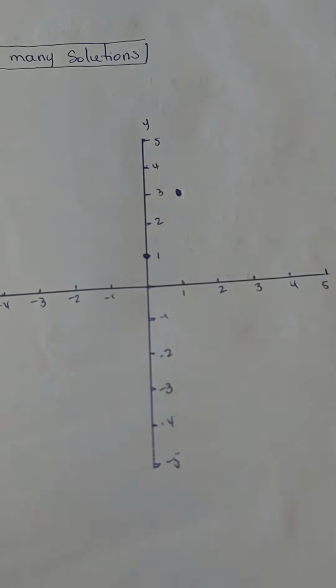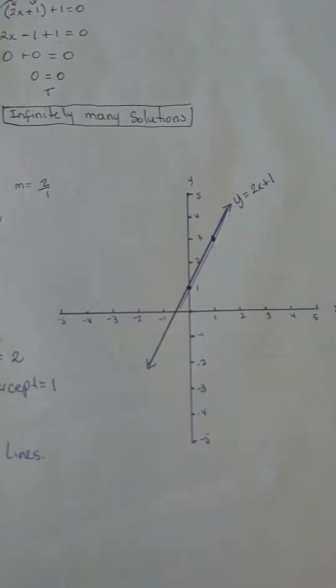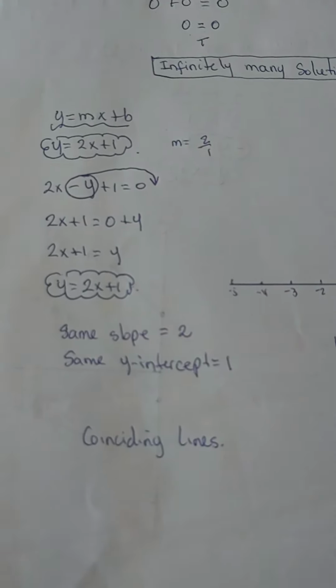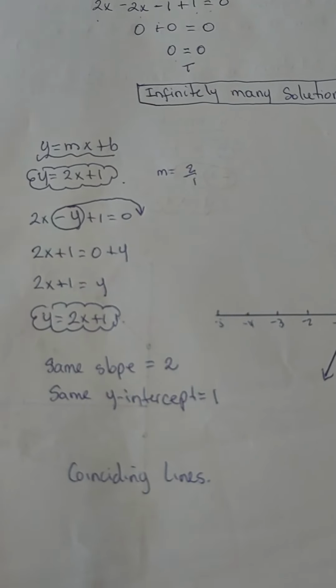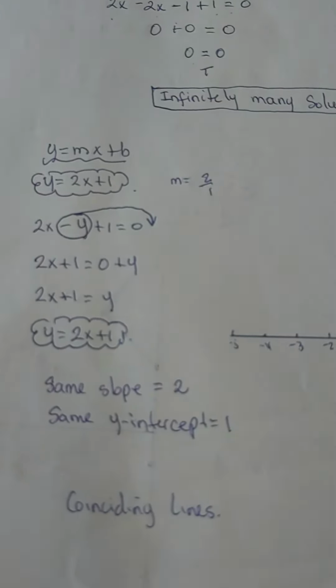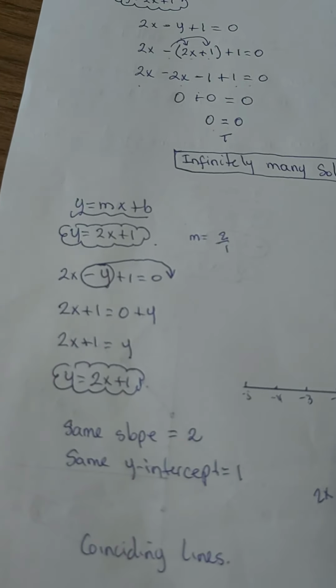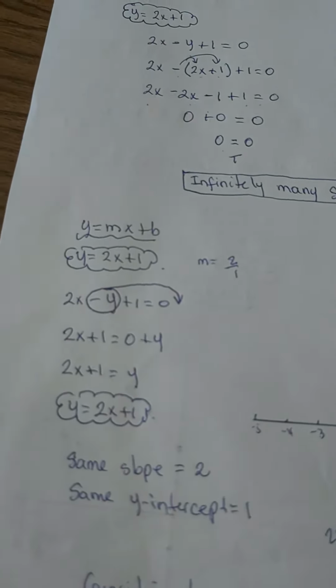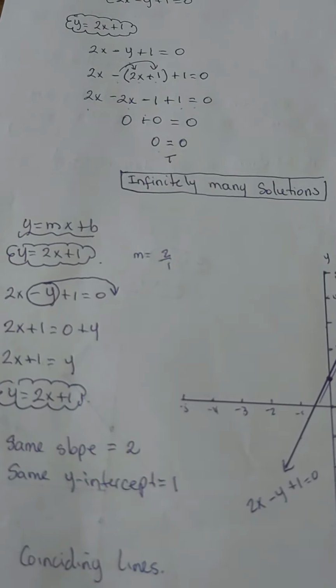Okay, and we trace the graph. So there we have our graph. Now if we graph the second one, it's the same. y-intercept 1, slope 2 over 1, 2 up, 1 to the right. And this line also represents the graph of 2x minus y plus 1 equals 0. So we have coinciding lines.